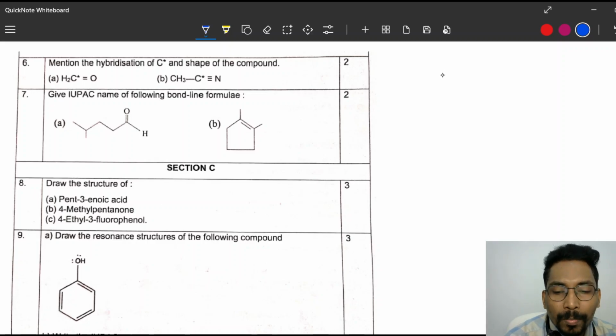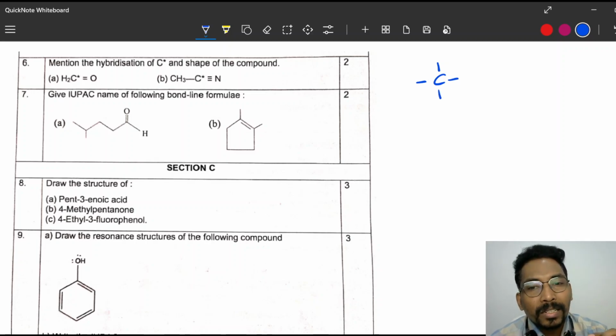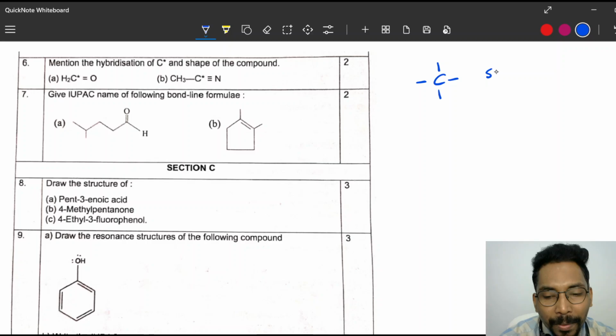If all the valencies of carbon are satisfied by single bonds, if all the bonds around a carbon are single bonds, that carbon will be sp3 hybridized.